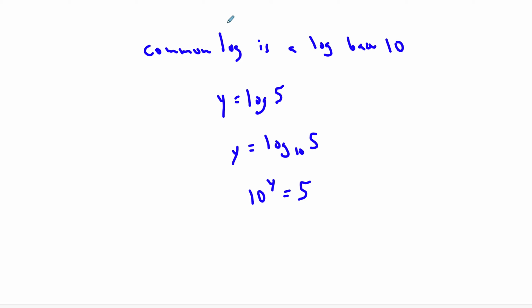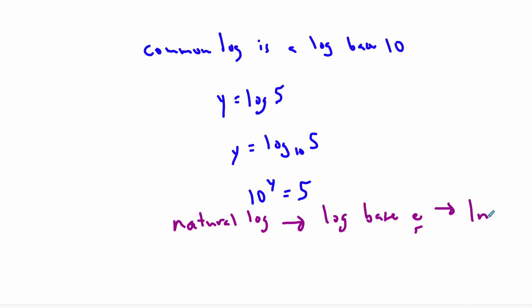Oh heck, let's go there. There's also something called a natural log, which is just a log base e. E being the number that we talked about for continuous change. So when we're looking at all those continuous change functions, there's a log base for that, and that is written as ln, log natural.